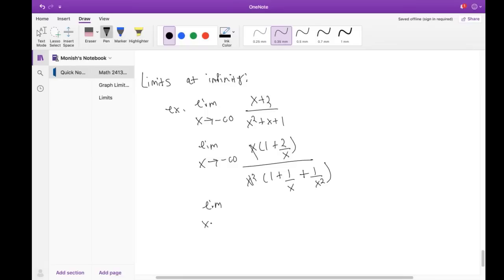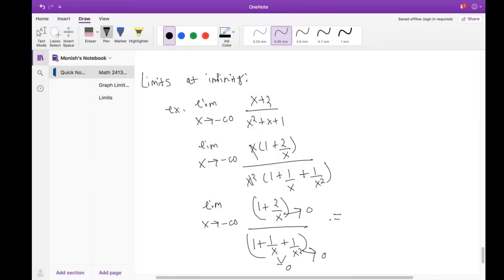So the limit as x approaches negative infinity of 1 plus 2 over x, and then you have 1 plus 1 over x plus 1 over x squared in the denominator. And as you approach negative infinity, 2 over x is going to go to 0, this is going to go to 0, this is going to go to 0.